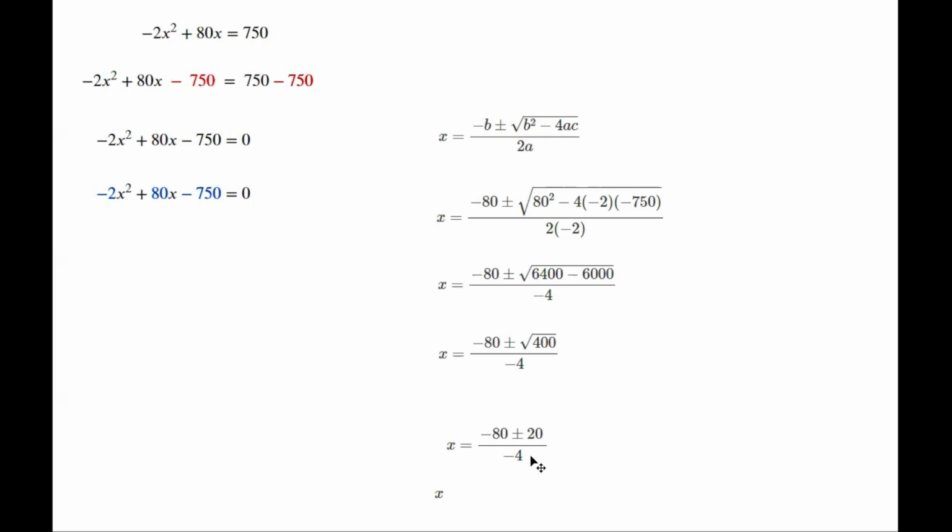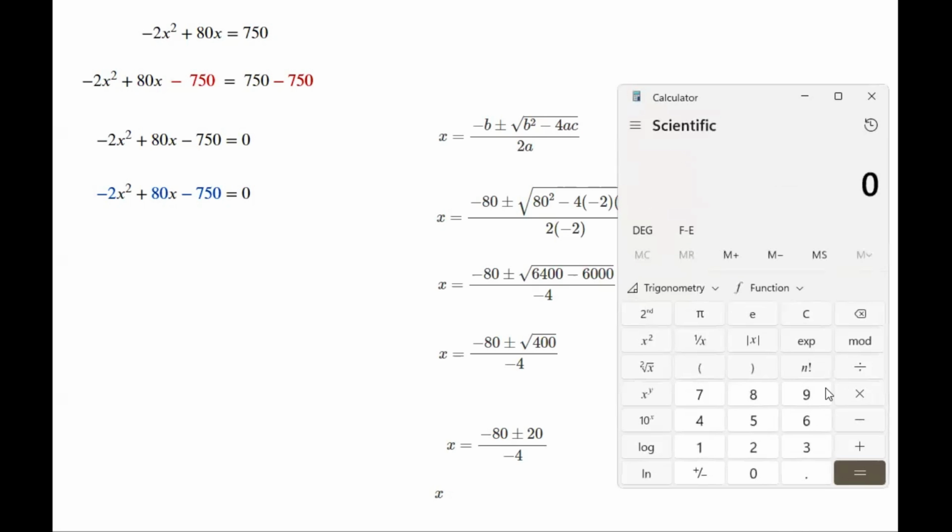Once we get down to this point, we have to separate it into two different equations. So it's either negative 80 plus 20, and then that gets divided by 4.